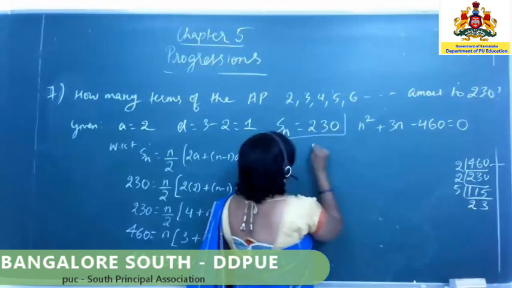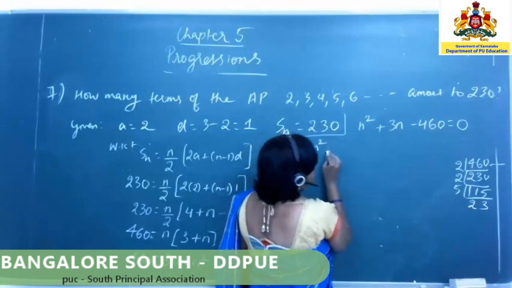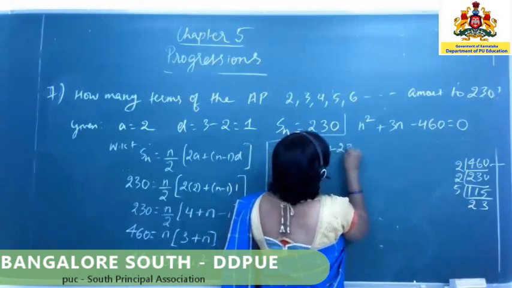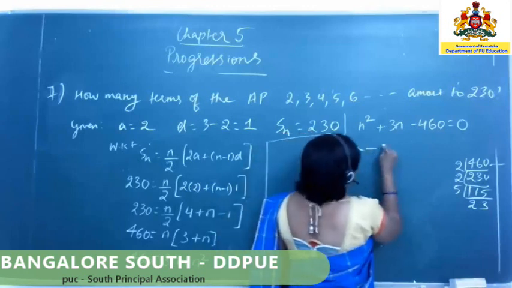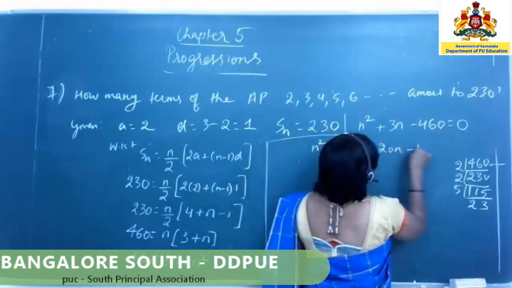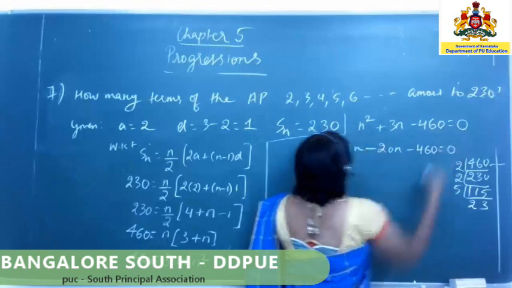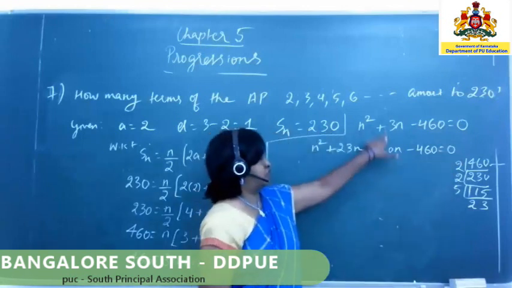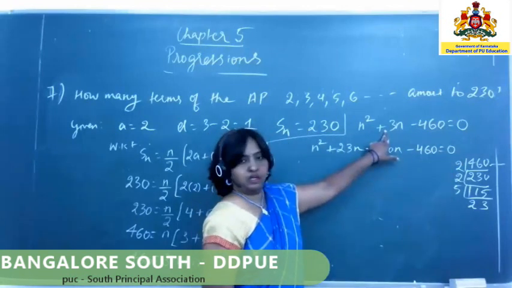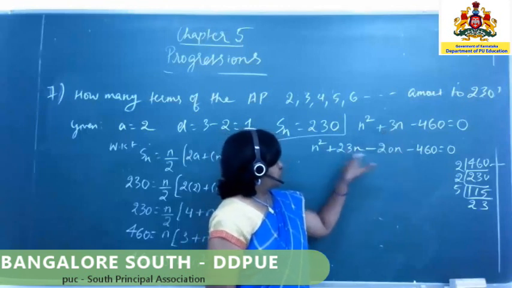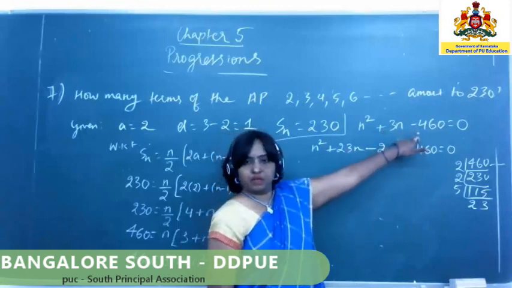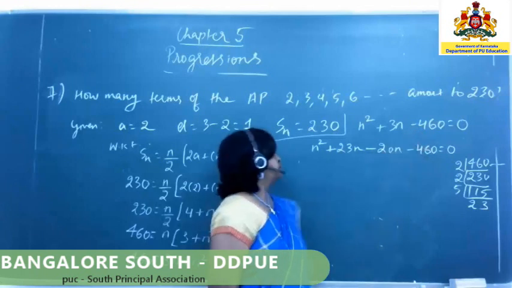So I can split the middle term, factorizing n square plus 23n minus 20n minus 460 is equal to 0. So plus 23 minus 20, it is plus 3n. And 23 into minus 20, I'll be getting minus 460.